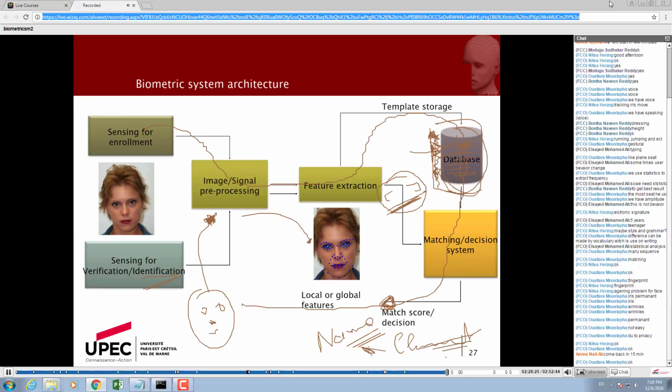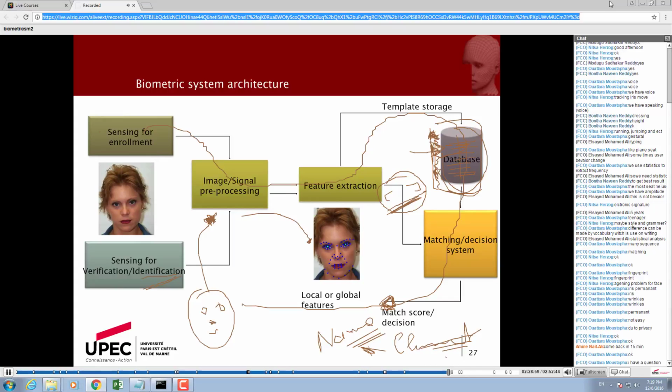It means when you arrive at the level of the database, we don't have to compare your information with all the provided information. Directly we point to your name, we extract the signature, and we compare. For identification, we have to deal with the whole database. So in terms of programming, it's not the same. It's much more complex when you deal with identification than with verification. Very complex with identification.